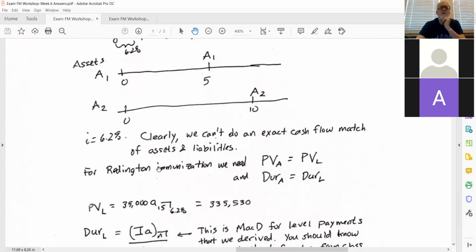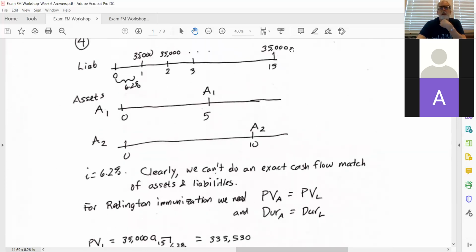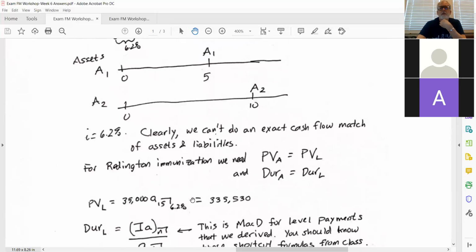So even if we were not told in the problem, we couldn't do an immunization unless we used the property where the present value of assets is the present value of liabilities, and the duration of assets is the duration of liabilities. Okay, so the present value of the liabilities is just 35,000 A angle 15, which hopefully I calculated correctly, is 335,530.